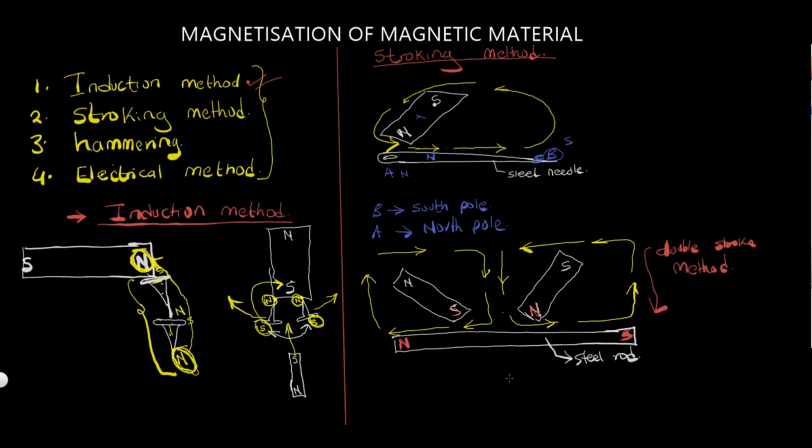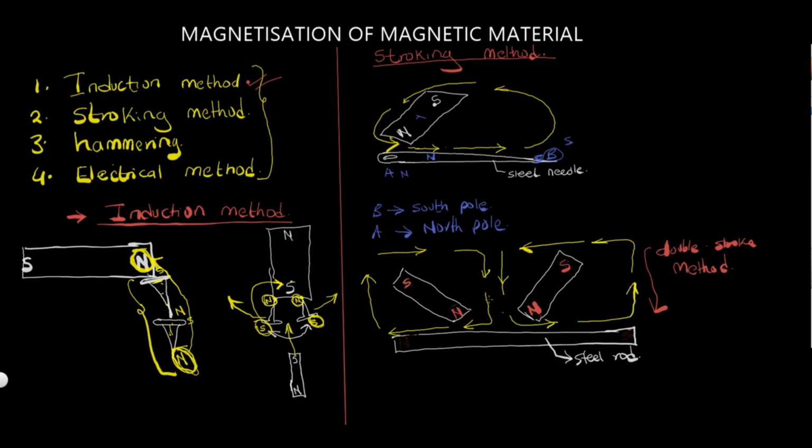Now what do you think will happen if you use the same polarities here? Let us say for example, what do you think will happen if we change the polarities of this magnet? We use the same polarities, this one becoming the north pole, this one becoming the north pole, this one becoming the south pole, and this one becoming the south pole.